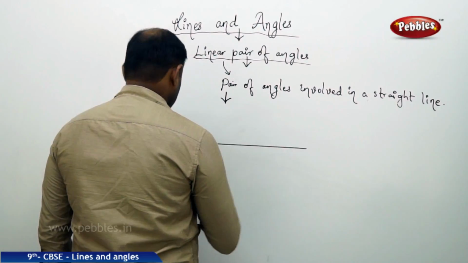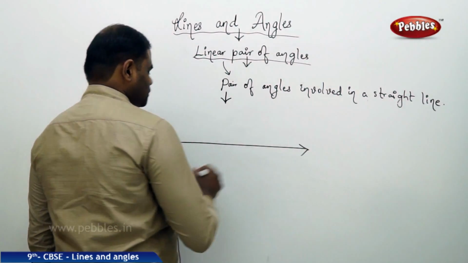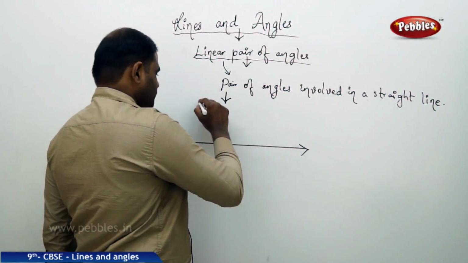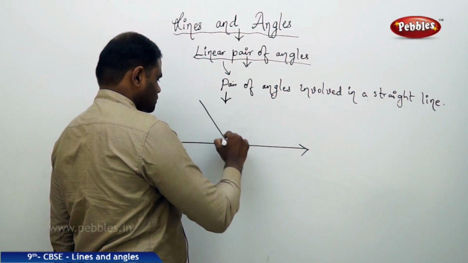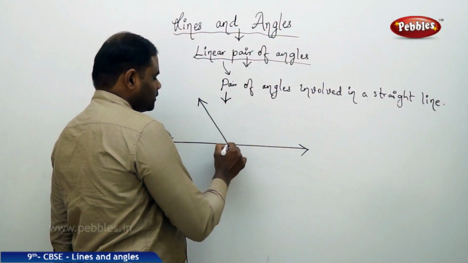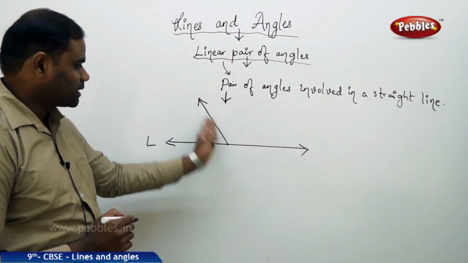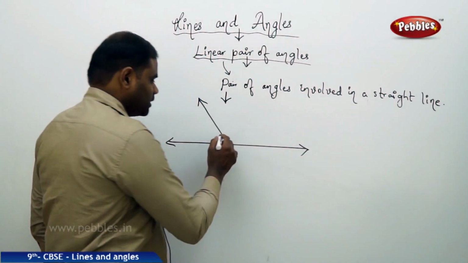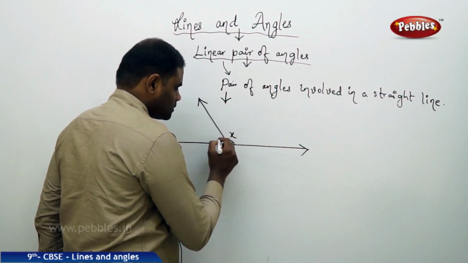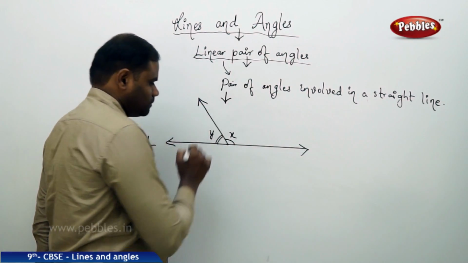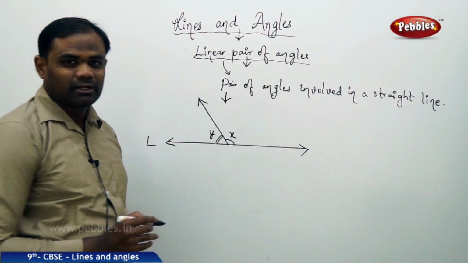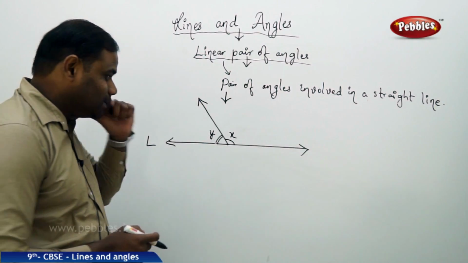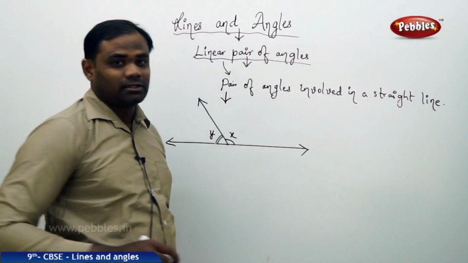I have a straight line out here represented by L. Then I have another line or a ray which makes an angle when it intersects the straight line L out here, it makes two angles X and Y. So in such case, we clearly see this pair of X and Y to be the linear pair because these two angles together make a straight line.